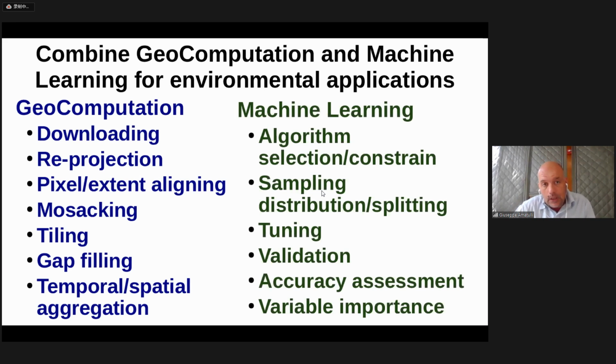You also need to learn how to tune the algorithm, how to tune random forest and how to tune neural networks. The tuning of neural networks, as we saw in this lecture, is really important to achieve a good result. Finally comes the validation procedure and accuracy assessment. And then you can draw some final conclusions with variable importance, understanding where you have root mean square error residuals in your map, and so on.